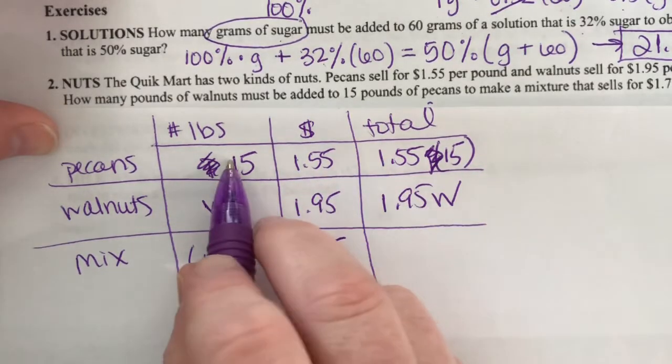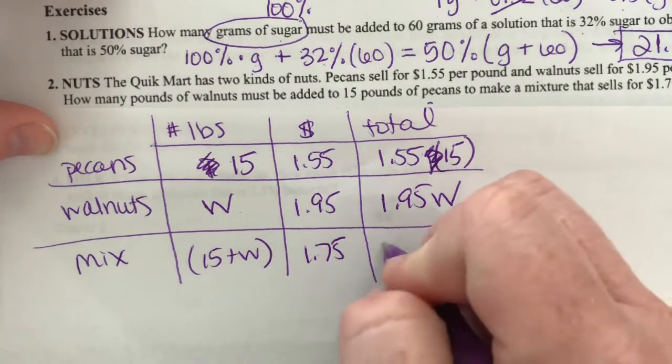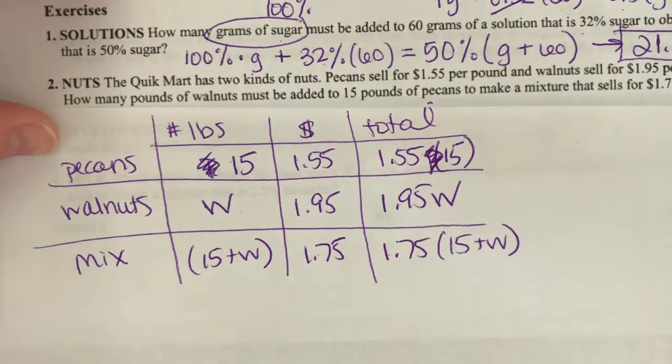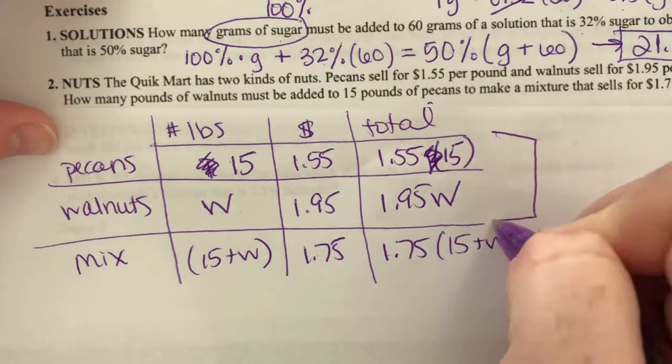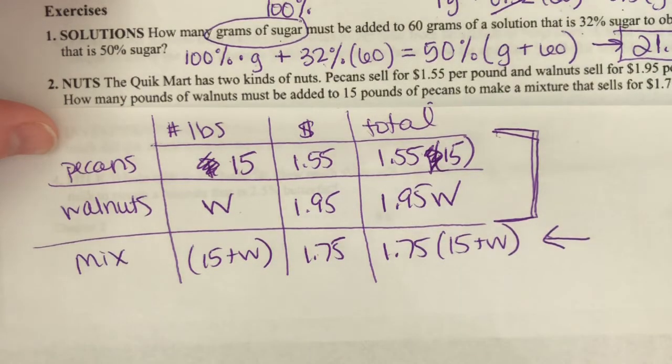And just like up here, we multiply these two together to get the total. 15 plus W. So we're going to add these two columns together and set it equal to this bottom column, right?